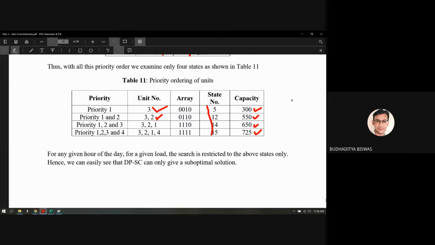The solution is that if the load demand is up to 300, then unit 3 should commit. If the load demand is up to 550, then units 3 and 2 should commit. If the load demand is up to 650, then units 3, 2 and 1 should commit. And if the load demand is up to 725, because this is the maximum generating capacity, then all the units should commit.